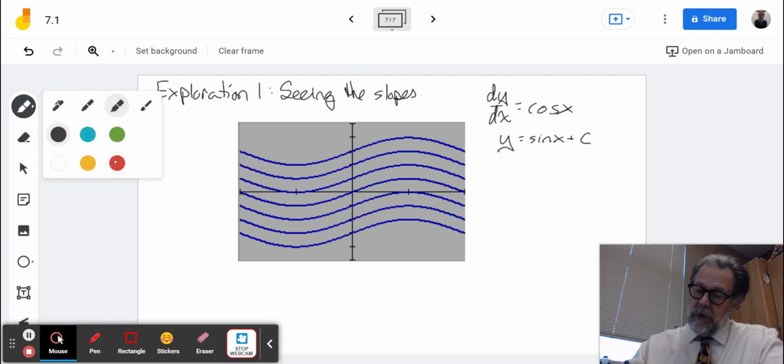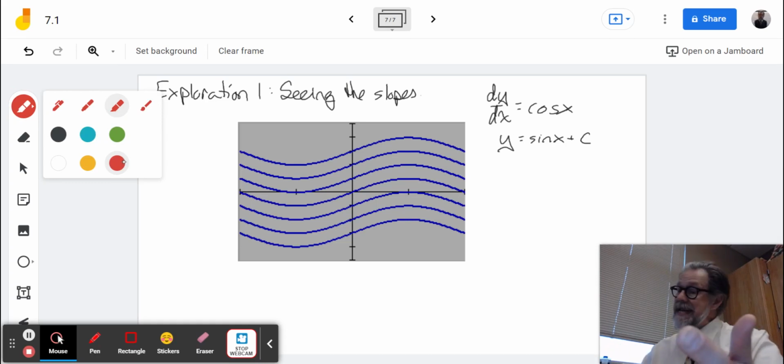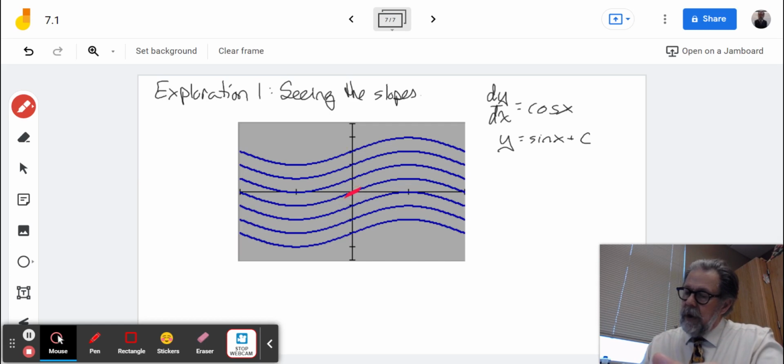So we're going to look at what is the slope at any given point. And let's start with the fact that we know that when x is equal to 0, regardless of what the constant value is, the slope of this graph will be 1.